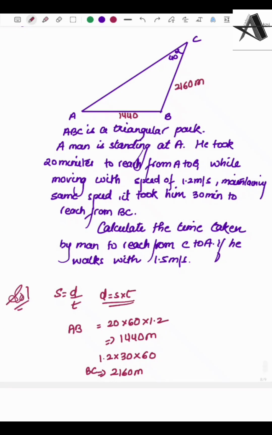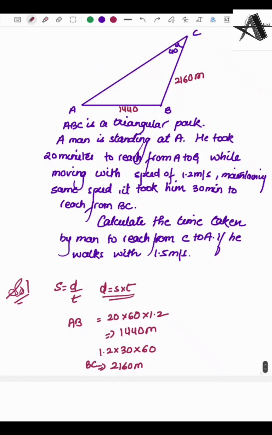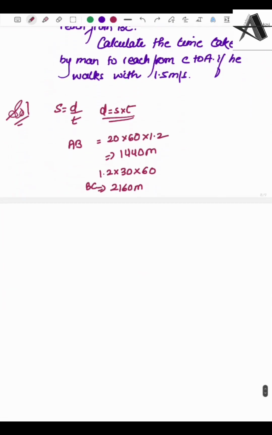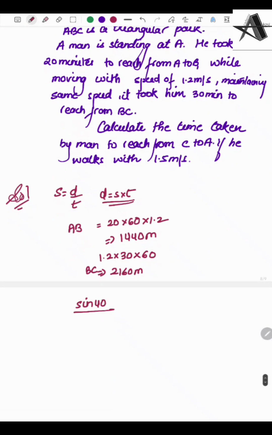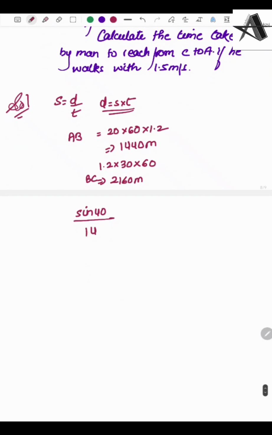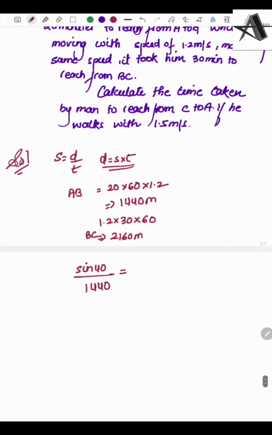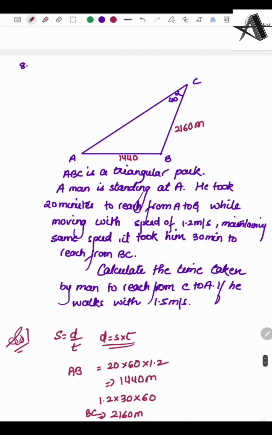So on applying sine rule, I will say sine of angle 40 degrees over length AB, that is 1440, is equal to BC, and the angle opposite to this is this angle.